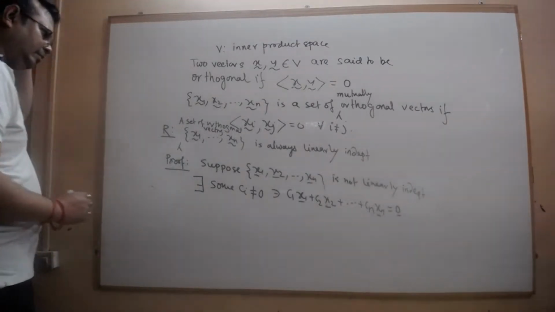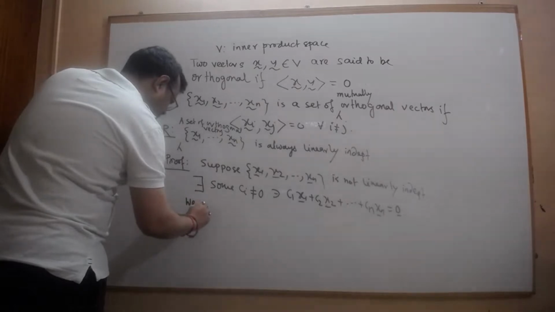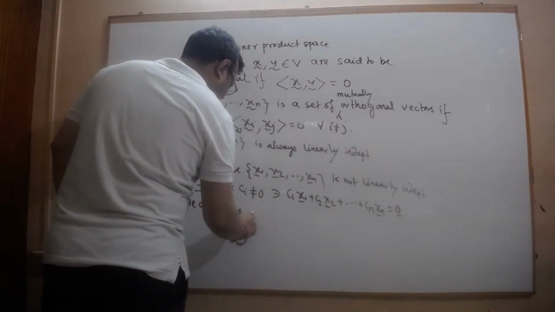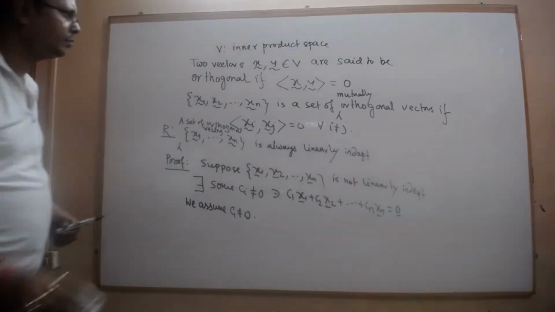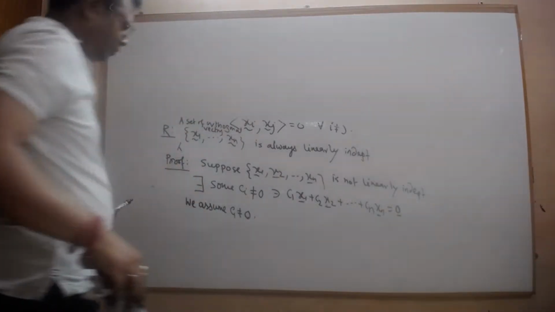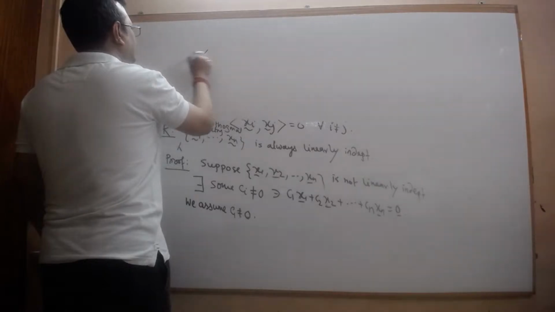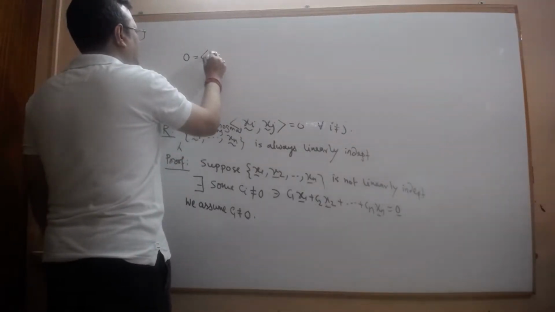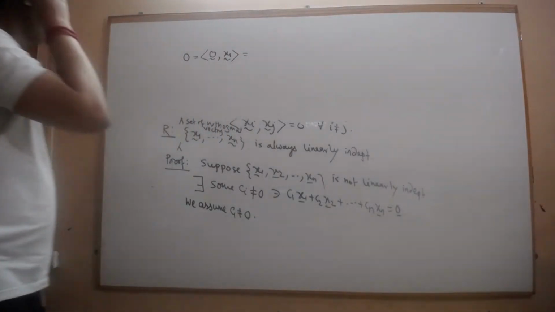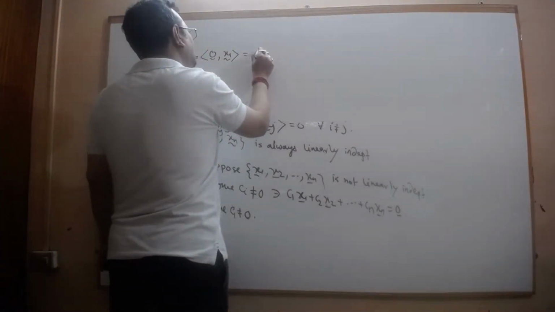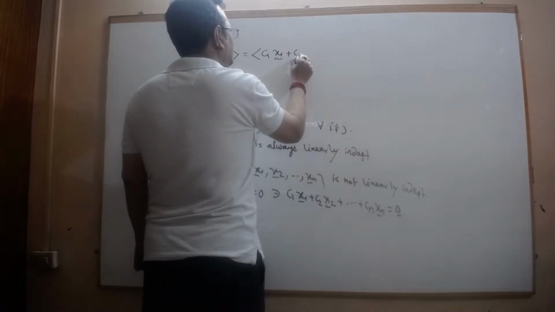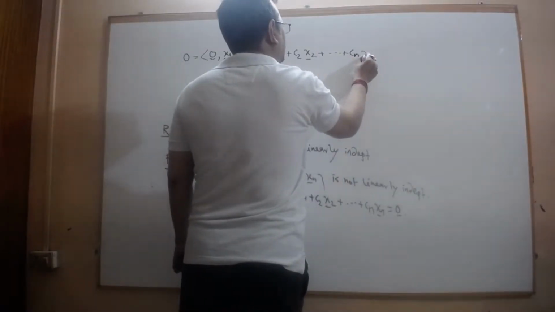We assume that c1 is not equal to 0. So now, 0 curl, the inner product of 0 curl with x1 curl, is equal to the inner product of c1 x1 curl plus c2 x2 curl plus up to cn xn curl with x1 curl.